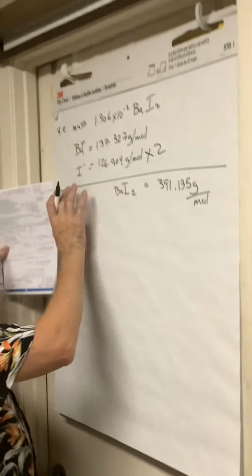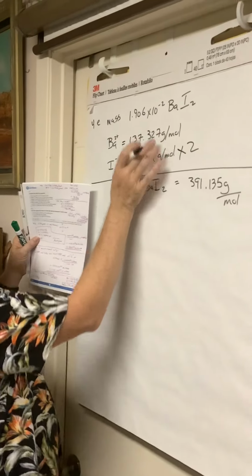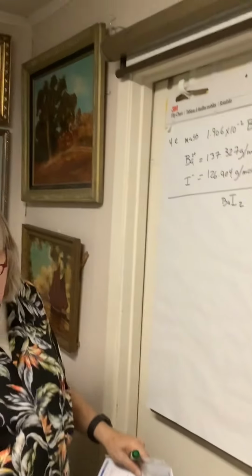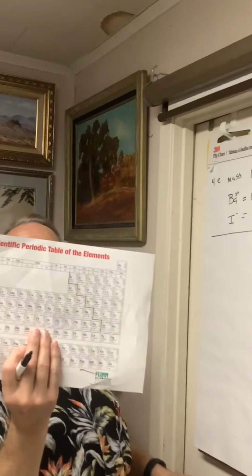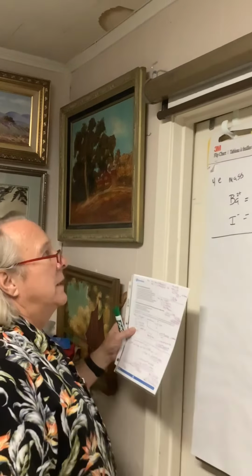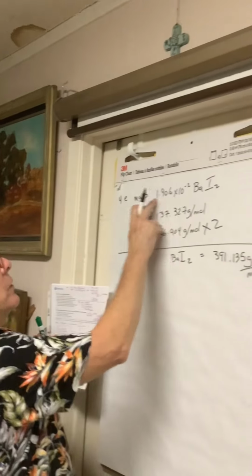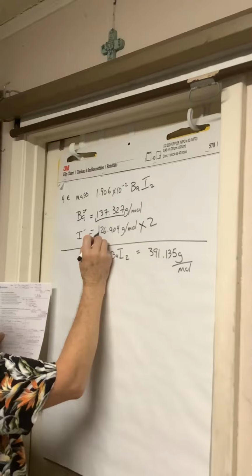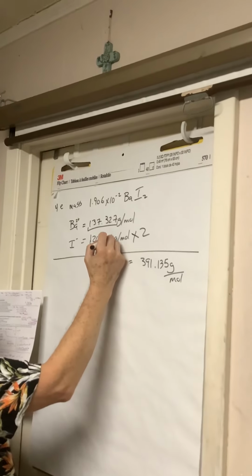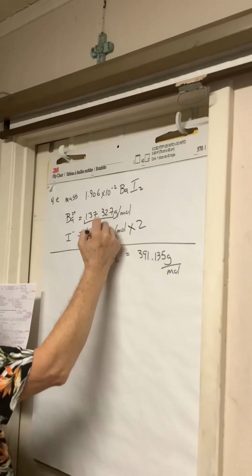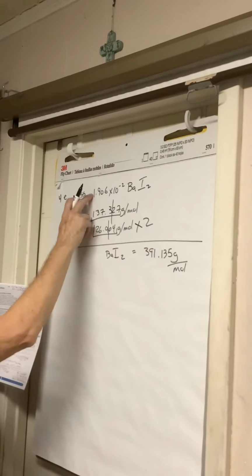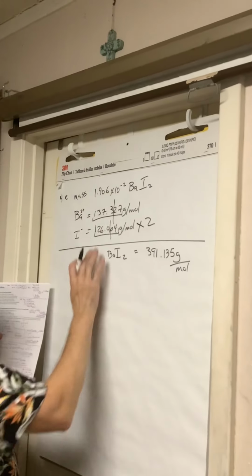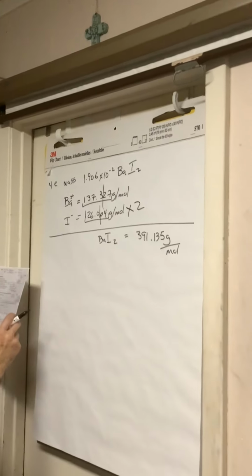Plus, I'm going out to all the digits that are available to me in my periodic table with that red number. They have 4 digits here, so why am I doing 6 here and 6 here when I really only need 4, because my sig figs can't go beyond that anyway.